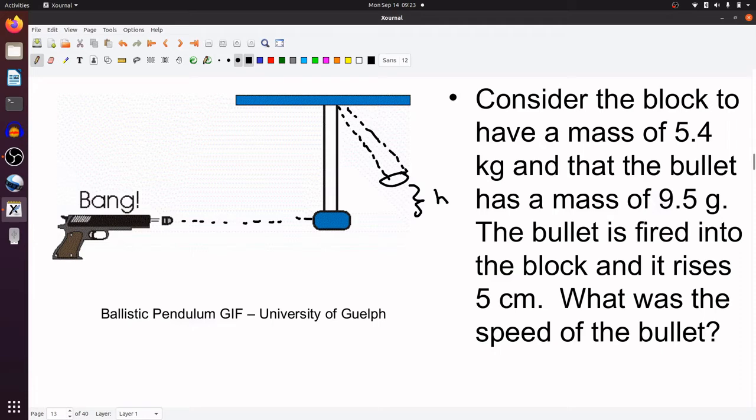If you measure height h and you know the mass of your pendulum or the block and the bullet, you can actually work backwards to figure out the initial velocity, or the muzzle velocity of the gun. So this is how you can figure out how fast bullets are shot out of a gun, at least it was the original way of doing it.